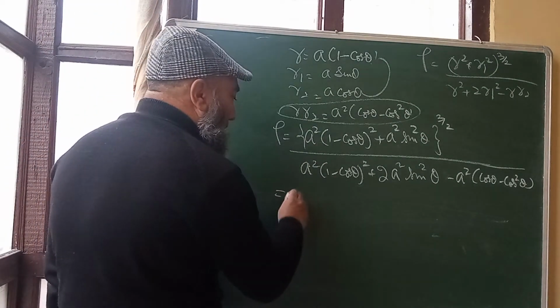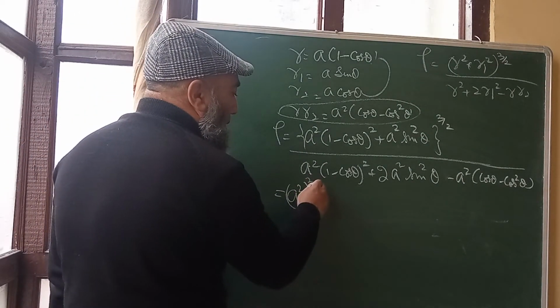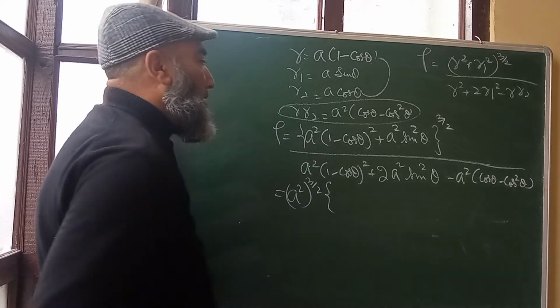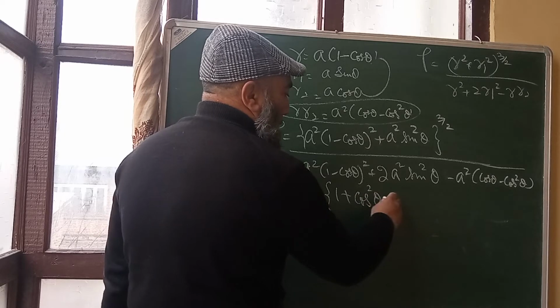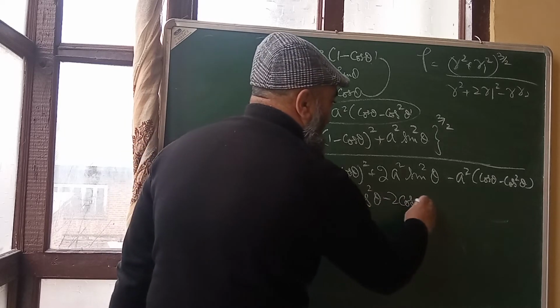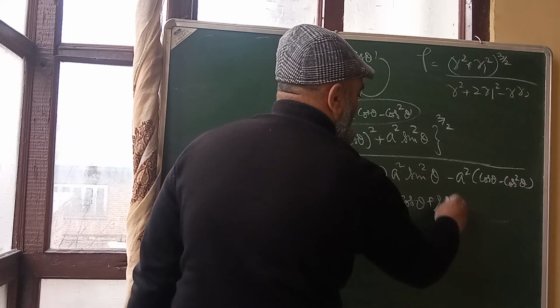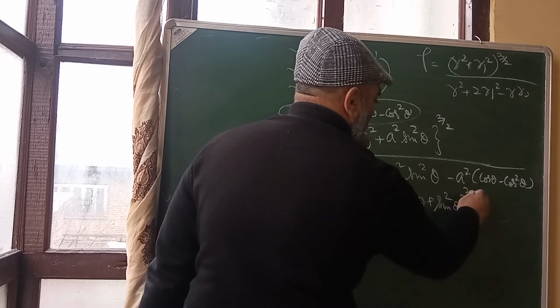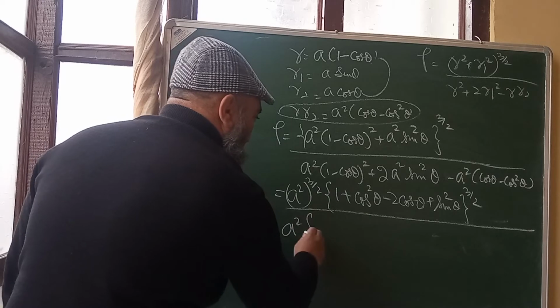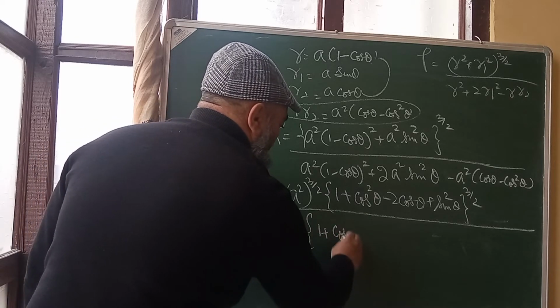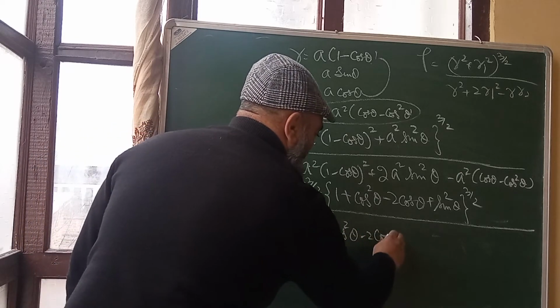This is a square raised power 3 by 2. What is inside? a square plus b square, minus 2 cos theta plus sine square theta. Now you can take a square outside. This is 1 plus cos square theta minus 2 cos theta.